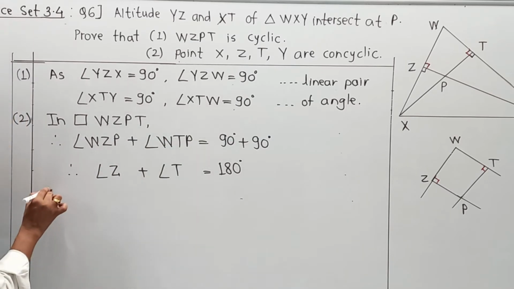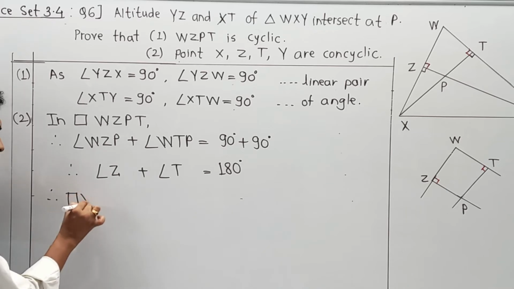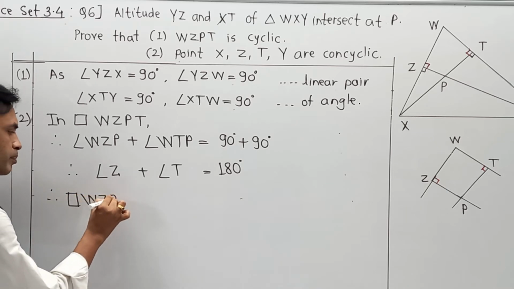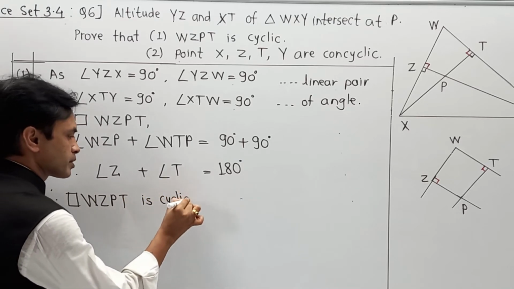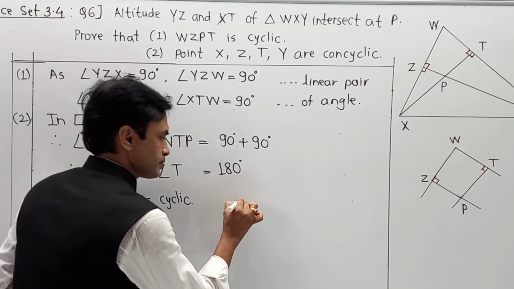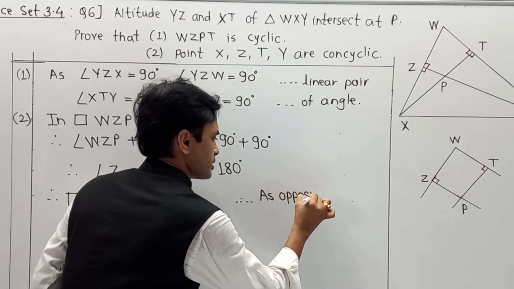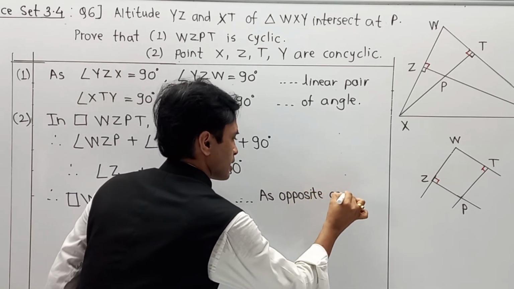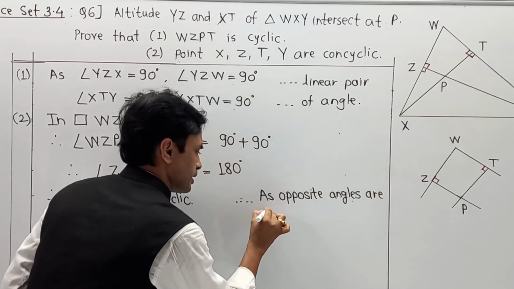So we can say, therefore, quadrilateral WZPT is cyclic. And the reason? As opposite angles are supplementary.